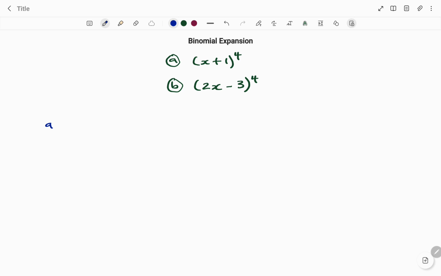In the first example, we have x plus 1 all raised to the power of 4.